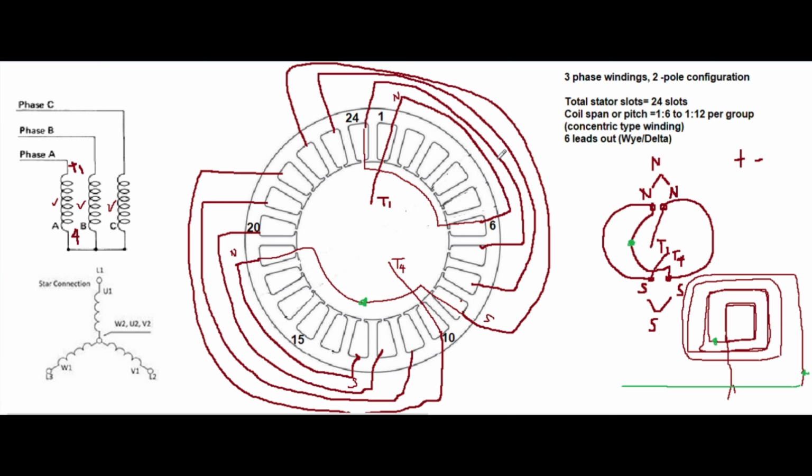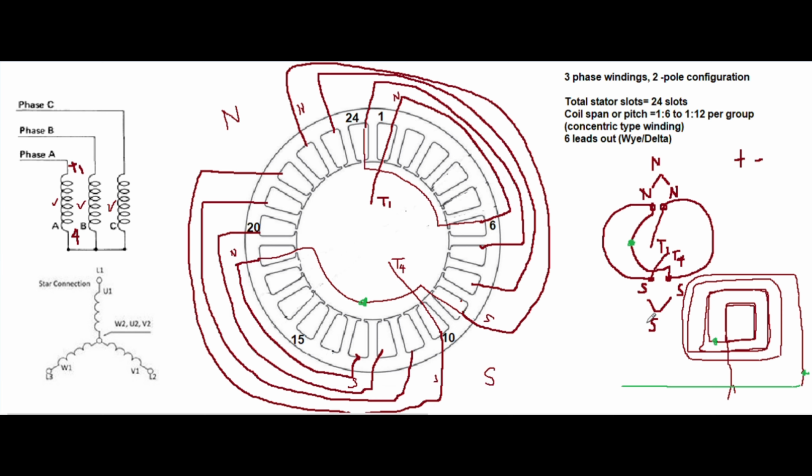Next, how to make the first and second phase. You disregard the polarity of the first phase. Then this is north. This is all north here, so they will become one north based on this one. And they are all south here. They will become one south.